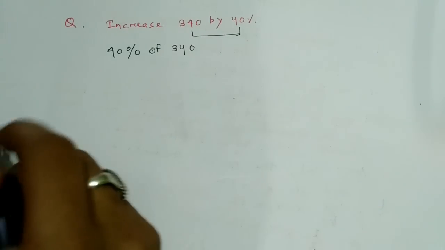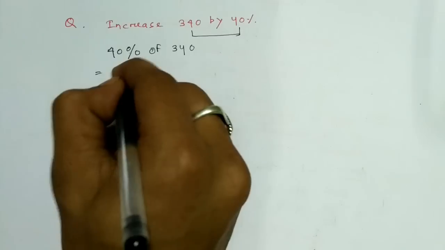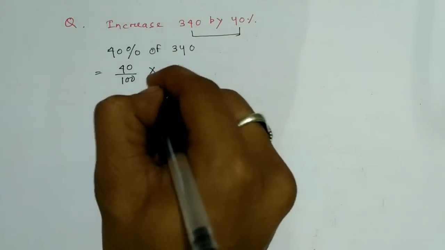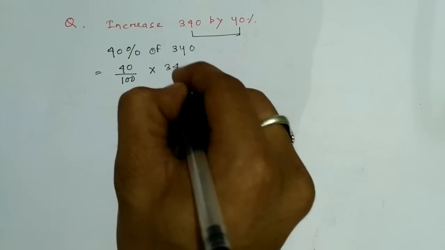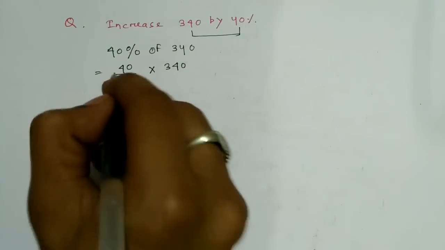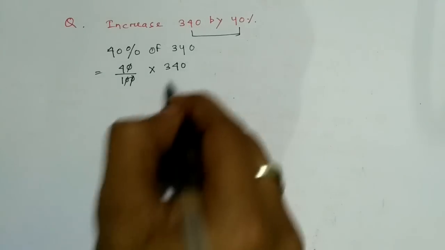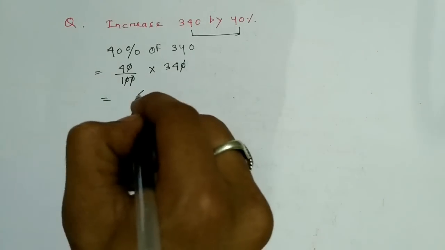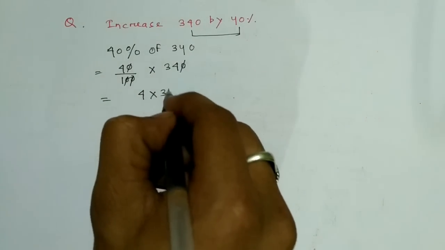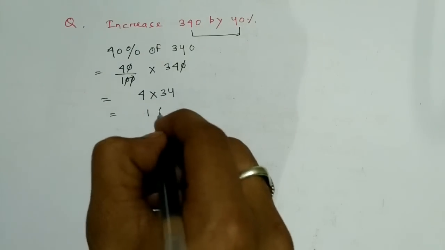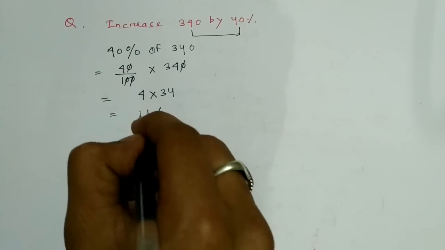So 40% means 40 divided by 100 into 340. Okay friends, it is clear. So 10 and 10 got cancelled, and it will be 4 into 34. So the answer will be 4 4s are 16, 4 3s are 12, that is 136.